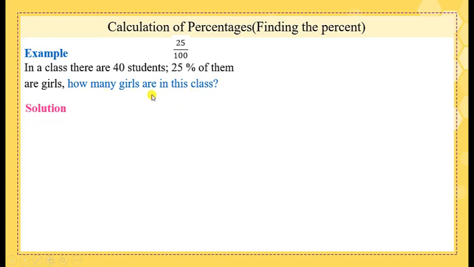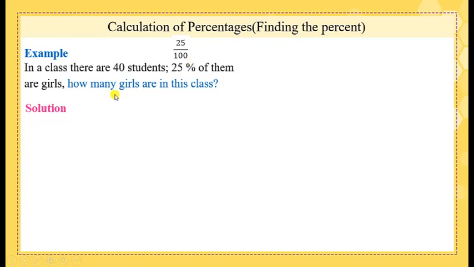To find the next ratio, we look to the first ratio, 25 is the part and 100 is the whole. How many students do we have in the whole class? We have 40 students. So 40 must be in the denominator because 100 is in the denominator.